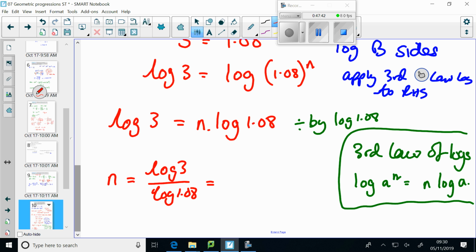Put that in your calculators, give me an answer. You have got a log button, you should have if you've got the scientific calculator. 14.27. Yeah.